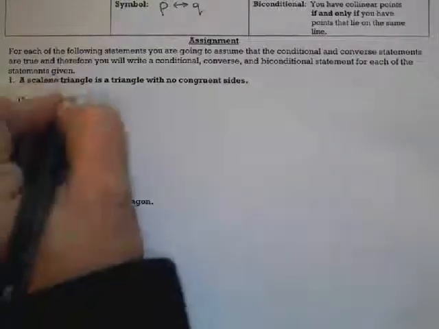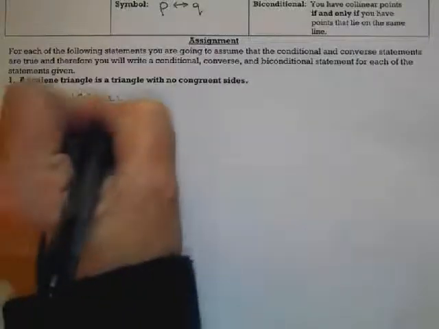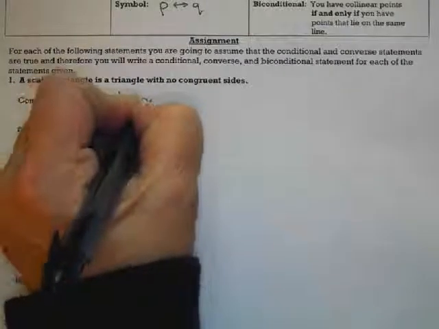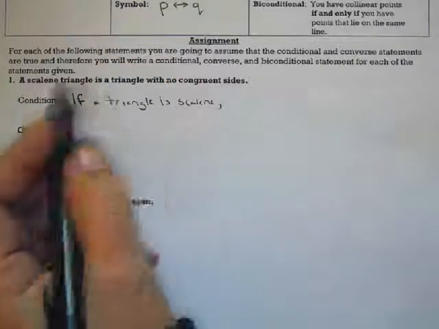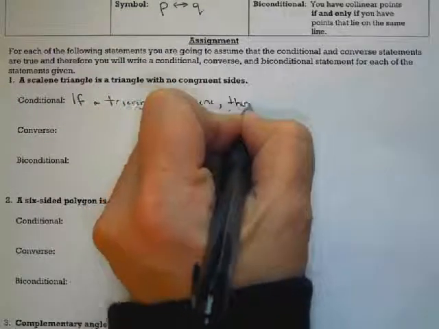So, if a triangle is scalene, then it has no congruent sides.